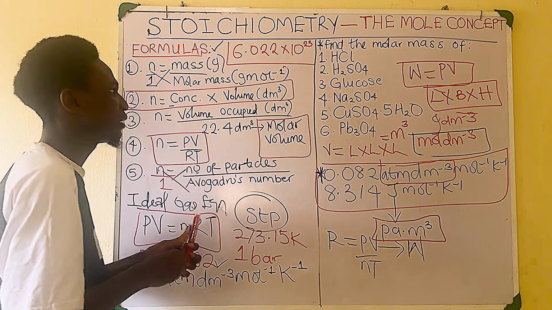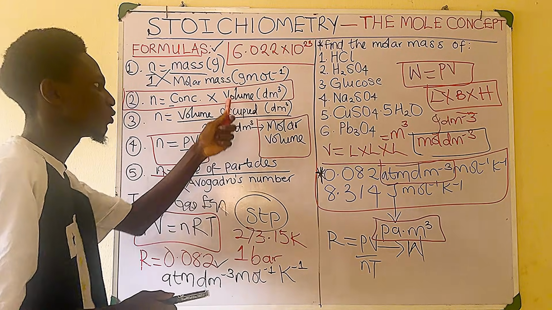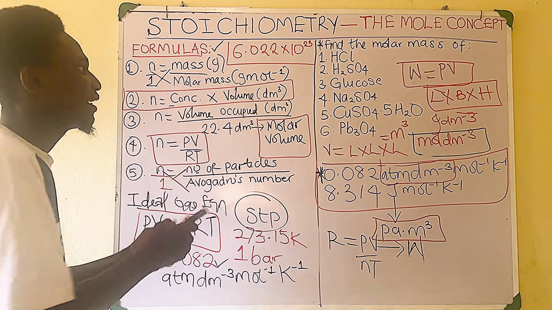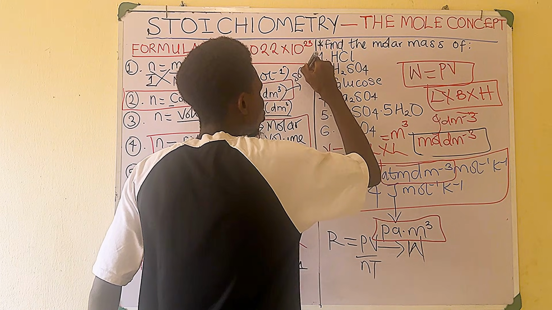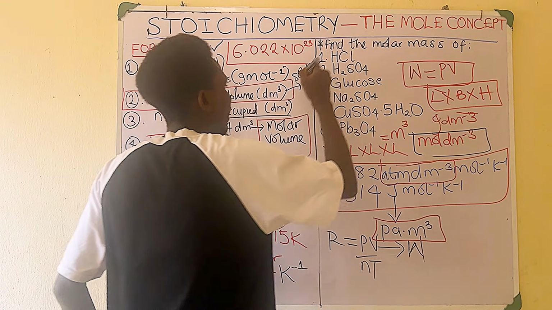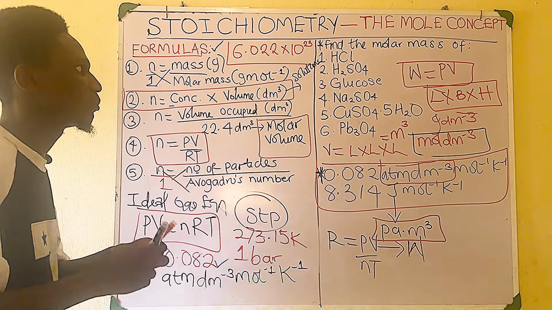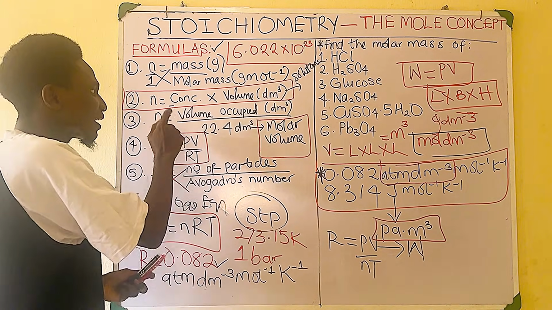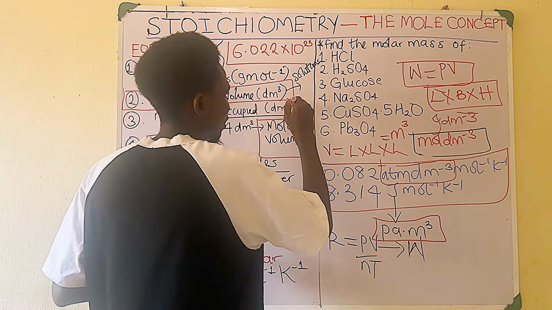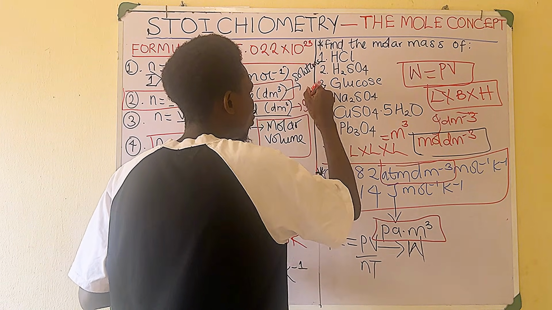Then this one, thank God I remember, is very important, because some people make a mistake between 2 of them. There are 2 different things. This one is for solutions, aqueous solutions, that's substances that are dissolved. This formula is for gases; that's why I told you molar volume of a gas.